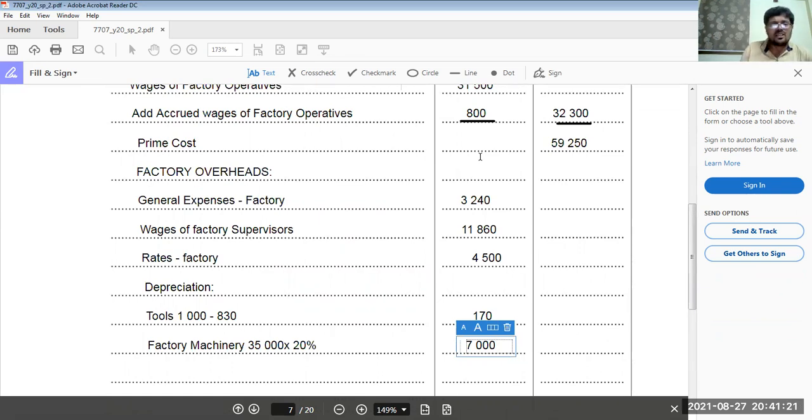We have to add all factory overheads. 3,240 plus 11,860 plus 4,500 plus 170 plus 70. So 26,770 is your total factory overhead. 26,770.